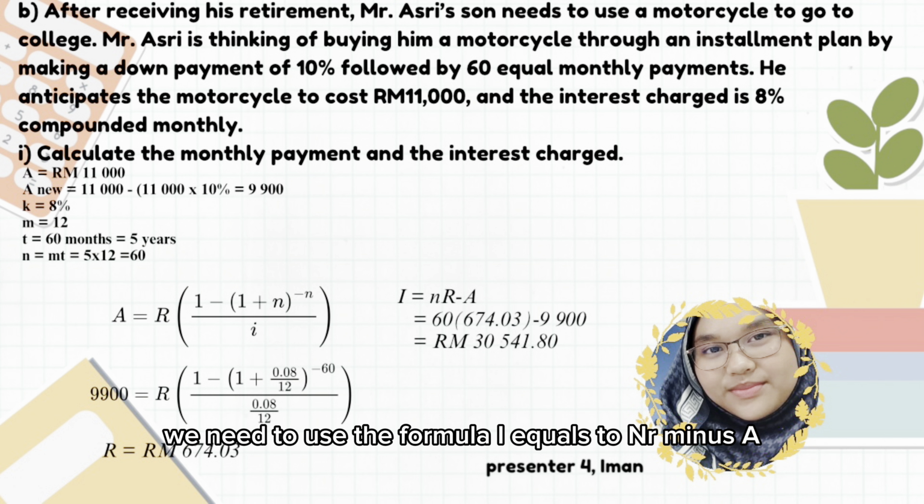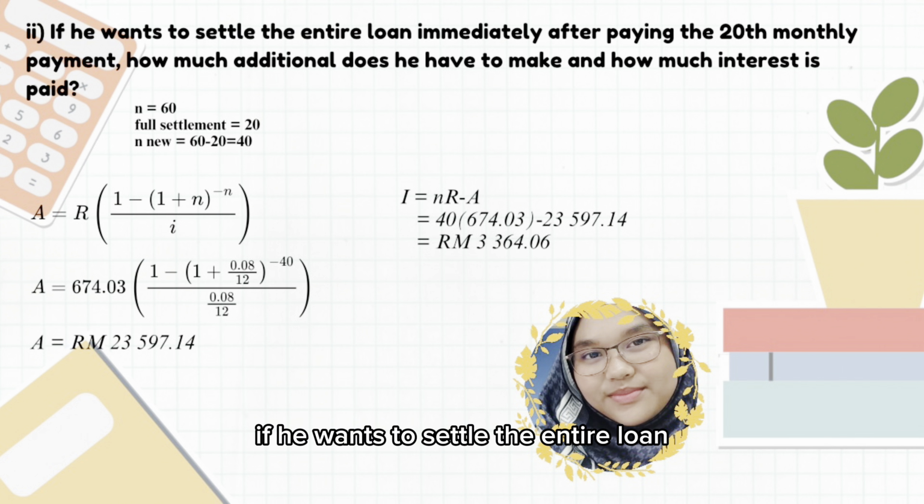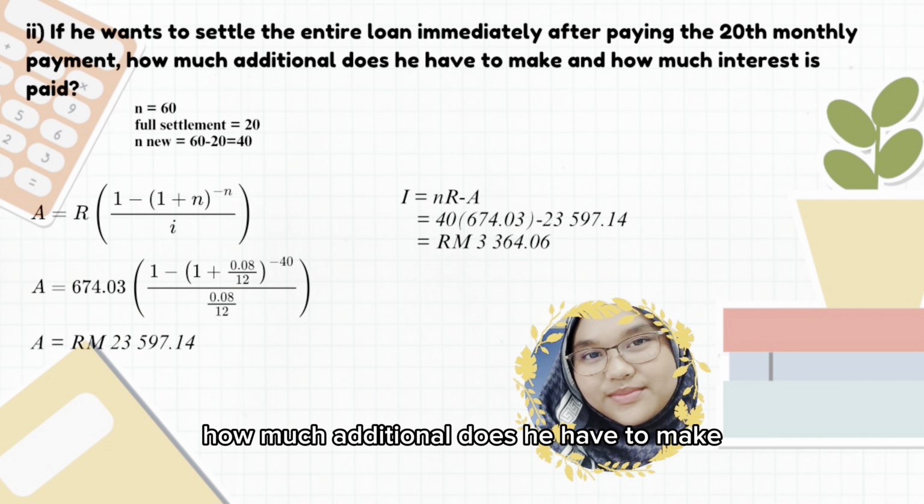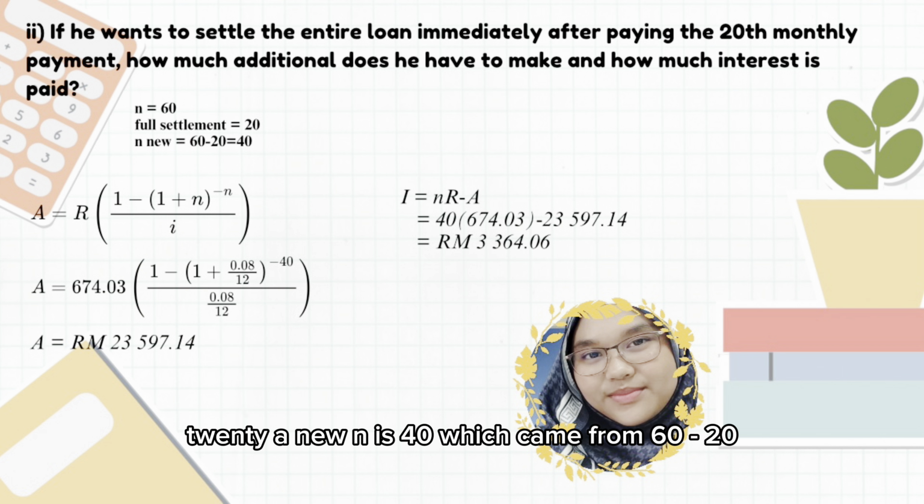For question B2, if he wants to settle the entire loan immediately after paying the 20th monthly payment, how much additional does he have to pay and how much interest is paid? So the N we have is 60 and then full settlement at 20. A new N is 40, which came from 60 minus 20.